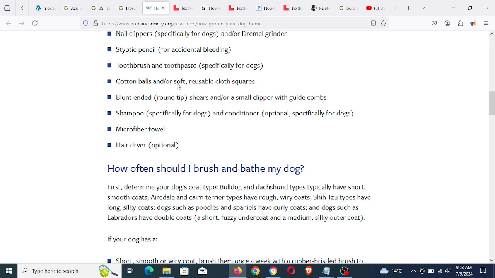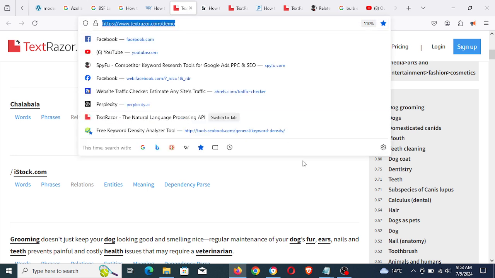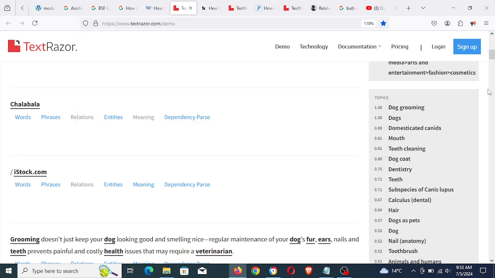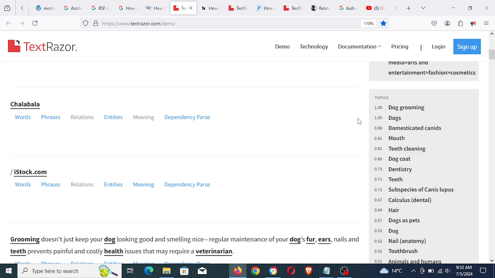The first article, if we put it on this tool called Text Razor, you can see the topics on the right-hand column, the topics that the NLP entities are associated with.